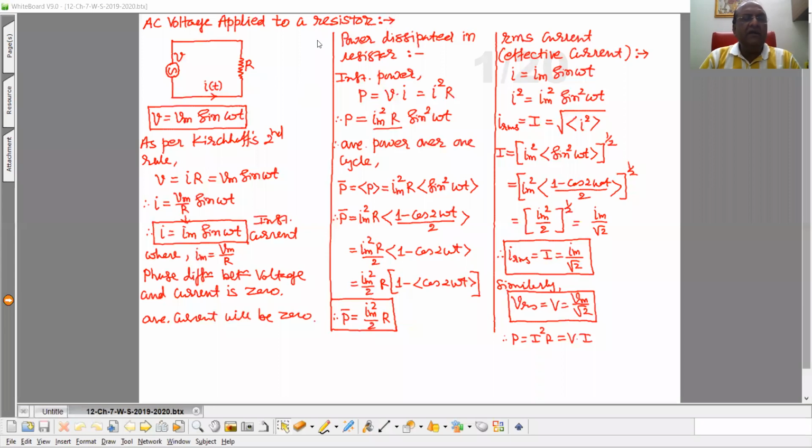Now see, AC supply voltage is represented by the symbol of a circle with the sign of a wave.